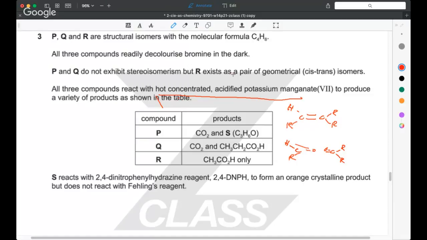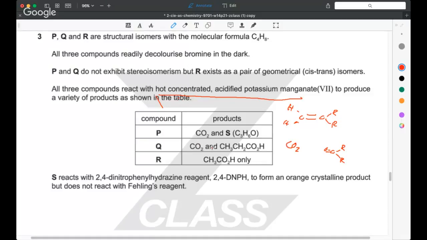And if both of them are hydrogen atoms there, then you end up making carbon dioxide.